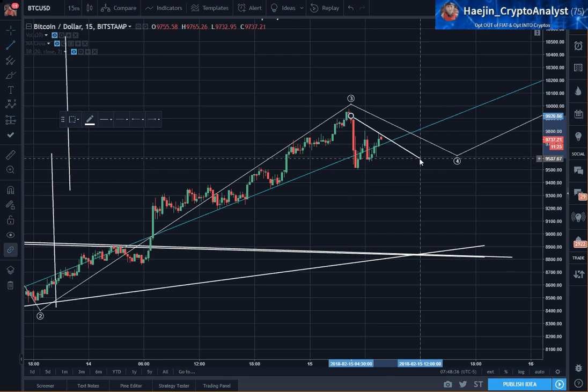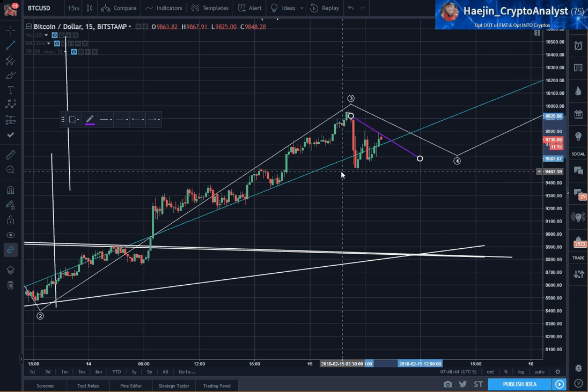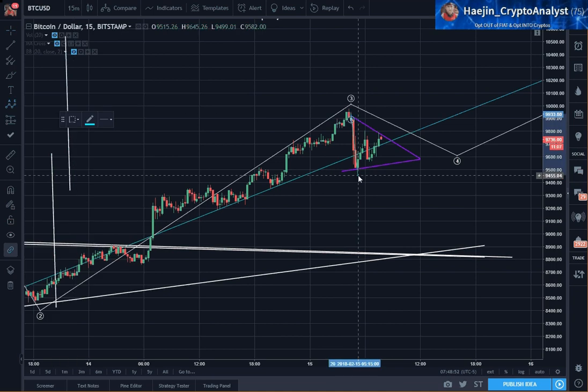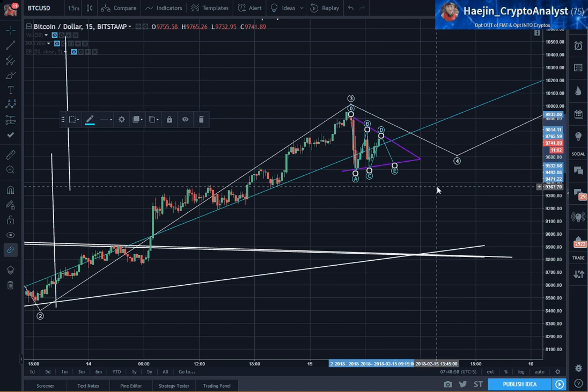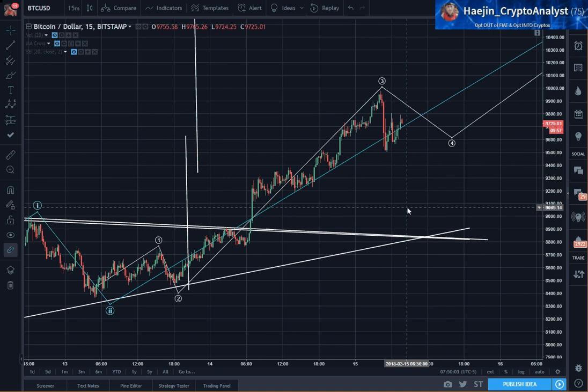We can do maybe an ABCDE. But like I said, I don't think it'll spend too much time in working on this correction because the rule of alternation is not as applicable in cryptos as it is in equities.